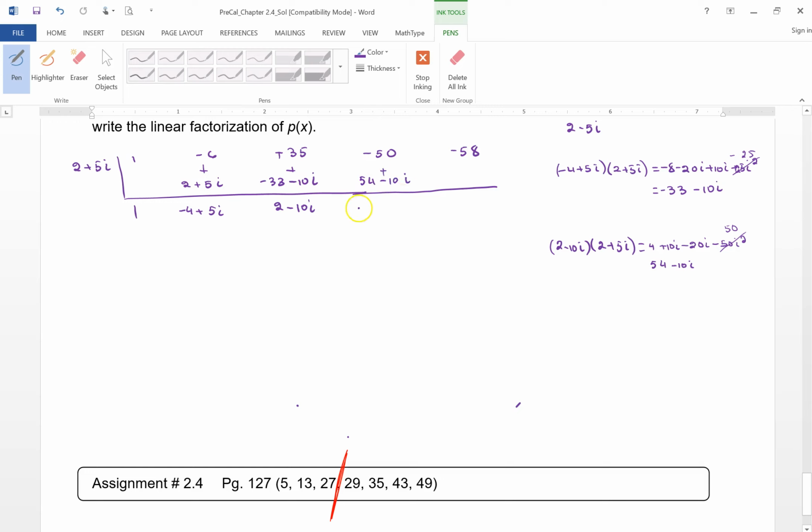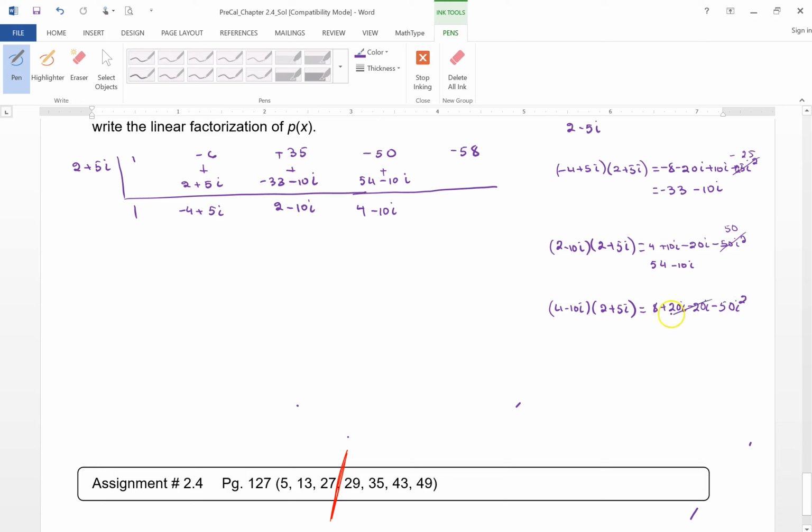When I add, I get positive 4 minus 10i, and I multiply. When I multiply, I'm going to get 8 plus 20i minus 20i, negative 50i squared, right?